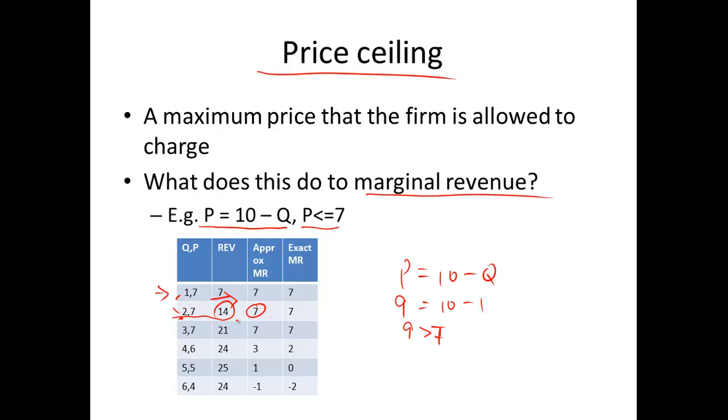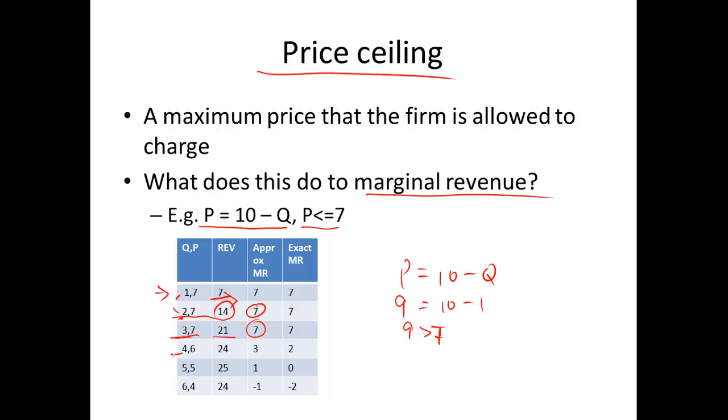How about as we go up to a Q of 3? Well, at a Q of 3, the price on the demand curve is 7. And now we're right on the demand curve, at the max price we could charge, and 3 times 7 is 21. Marginal revenue is again 7. This is going to change as we go to a quantity of 4, so let's just do one more.